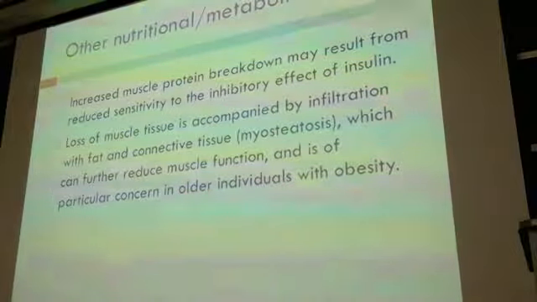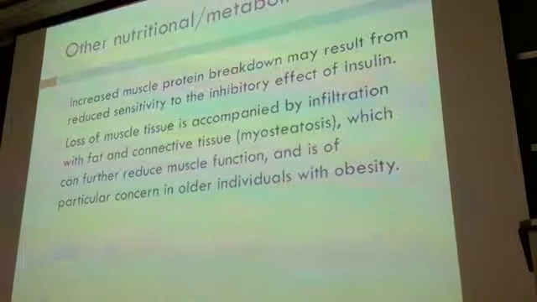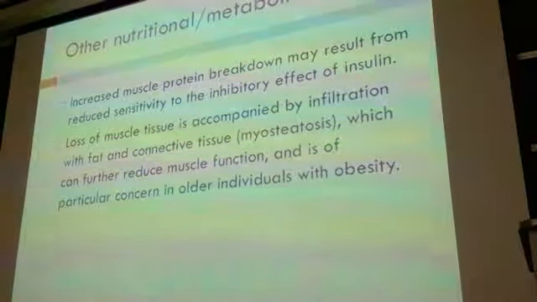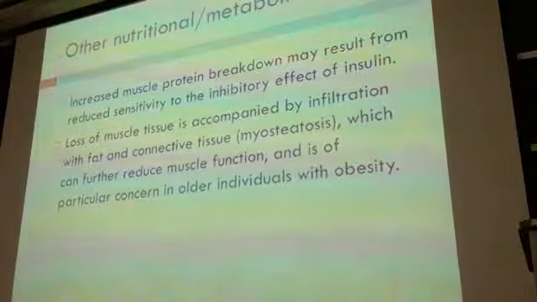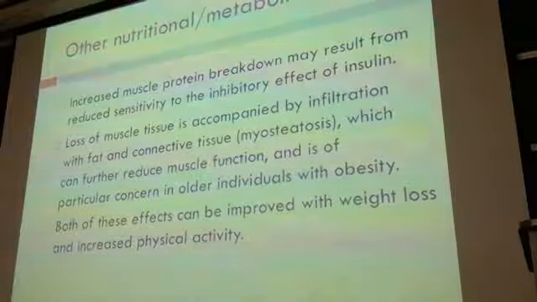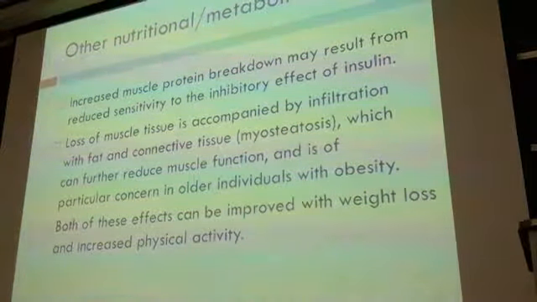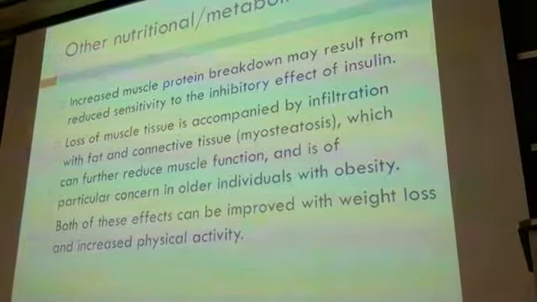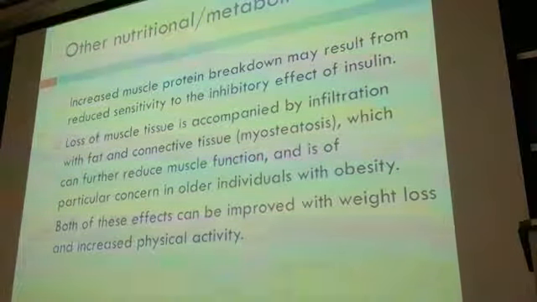That's the picture I showed you early on, where the fat is not just around the muscle, but in the muscle. It's called myosteatosis. And that can further impair muscle function, particularly in obesity. And obviously here again, weight loss and physical activity can be beneficial in improving insulin sensitivity and reducing muscle fat.